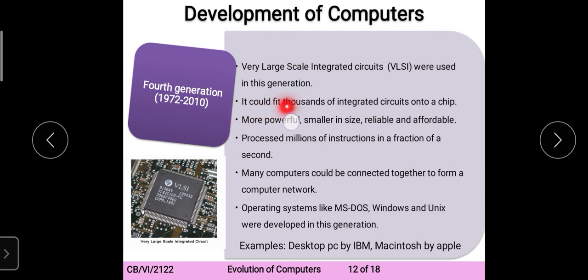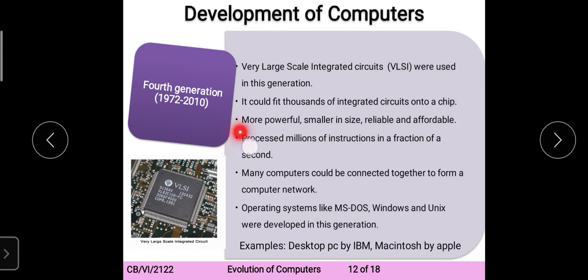It could fit thousands of integrated circuits onto a chip. In the third generation, we used ICs, integrated circuits. But in the fourth generation, what happened? There is one chip called VLSI, and in it thousands of ICs are fitted.